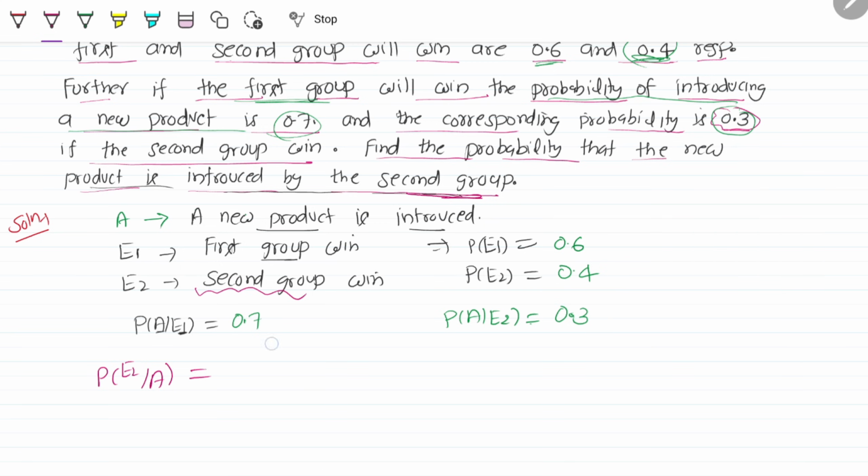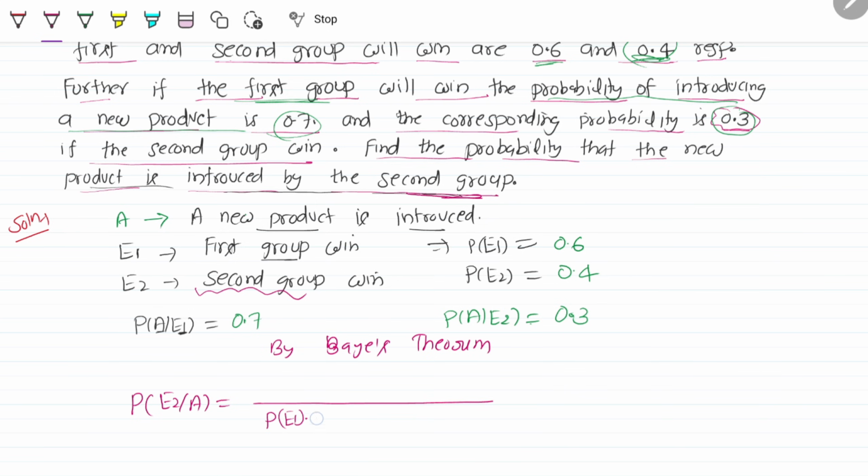So by Bayes theorem, P(E2 by A). Here the total probability is first P(E1) P(A by E1) plus P(E2) P(A by E2), and the requirement is E2, so P(E2) P(A by E2).